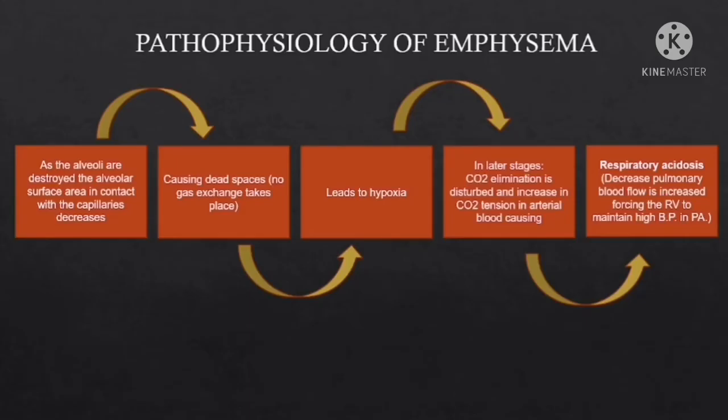Now, for the pathophysiology of emphysema, the alveolar walls are weakened and broken down by the increased protease activity that is a result of chronic inflammation. And the increased protease activity causes the breakdown of elastin within the alveolar wall, resulting in destruction of the alveolar wall, loss of elastic recoil within the alveoli, and decrease in the alveolar surface area.